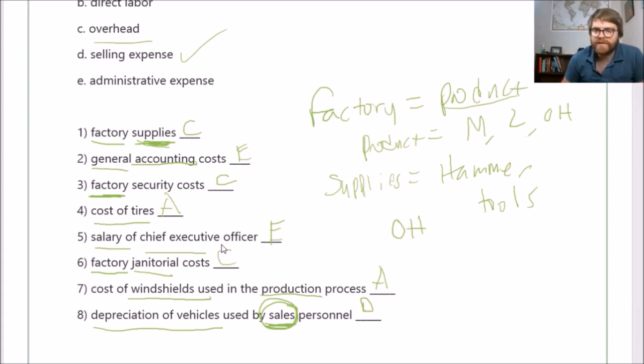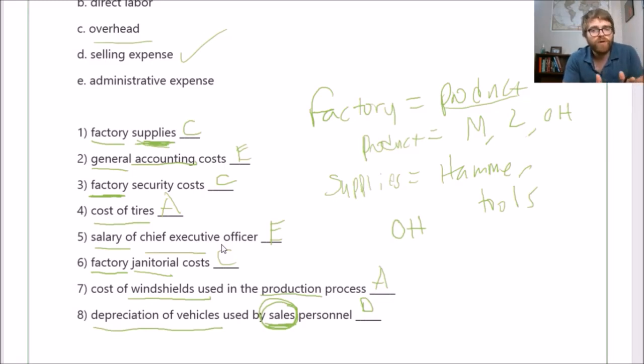I think you're getting the hang of it here. It's important that you understand that anything related with the factory is considered part of the product. And if it's part of the product, it's materials, labor, overhead. If it's not part of the factory, it's outside. So it's considered either a selling expense or an administrative expense.